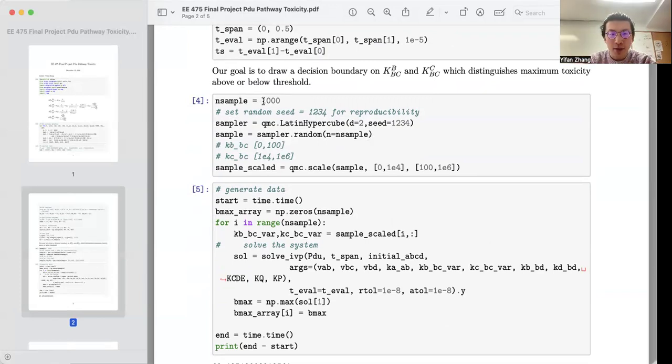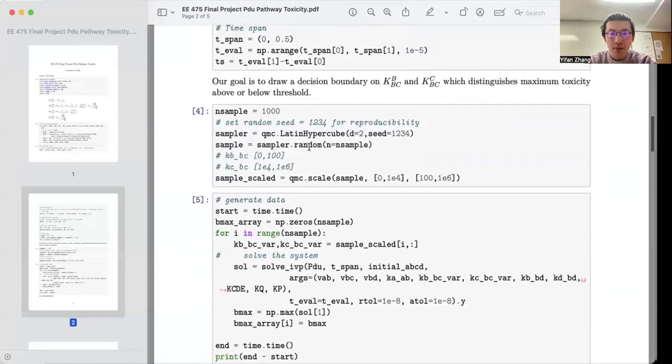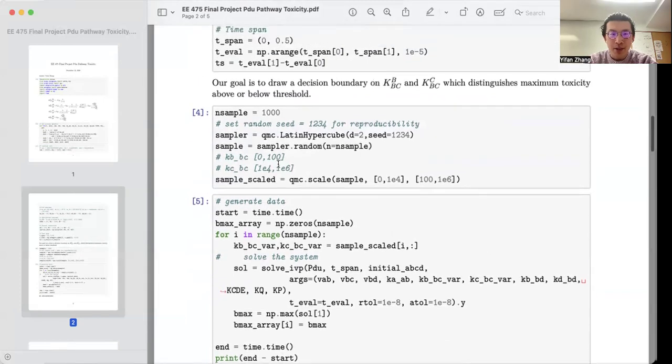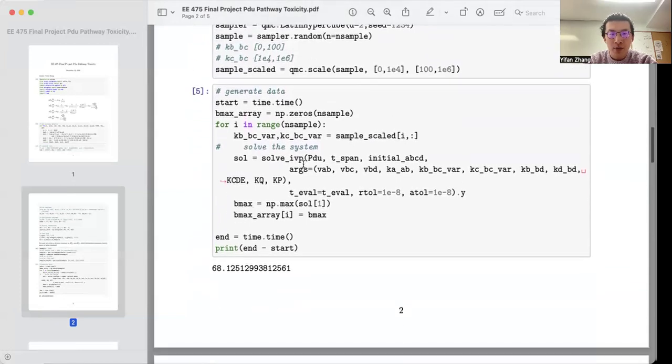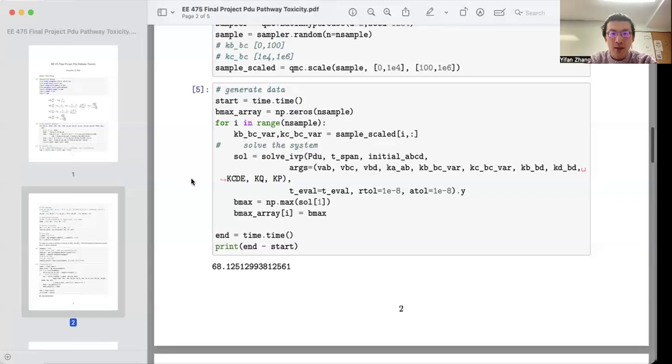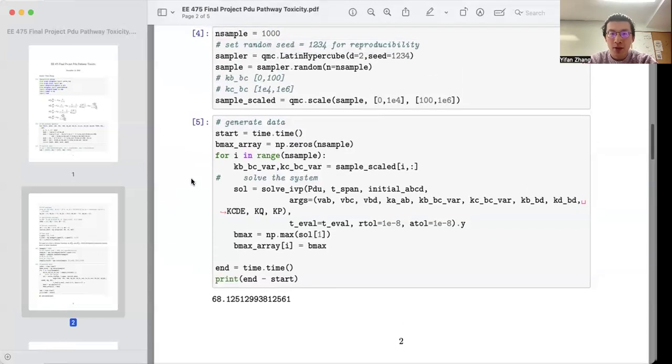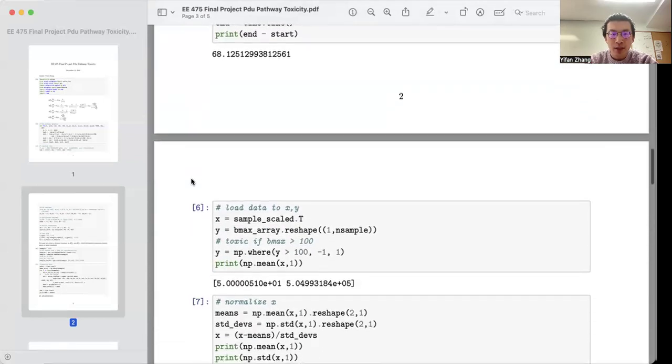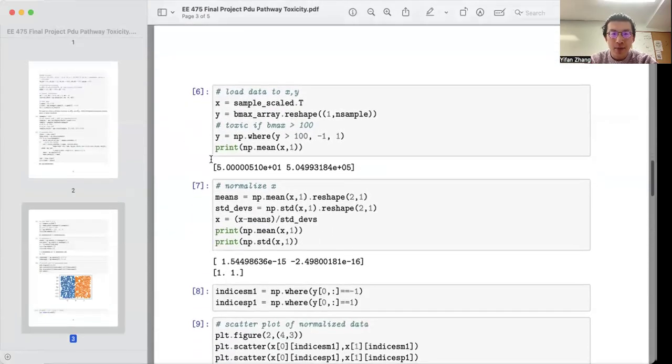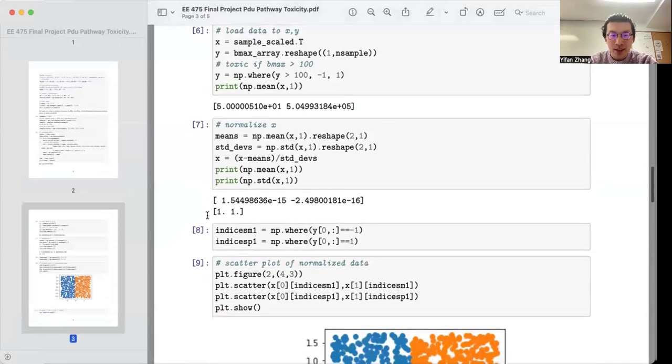So we generate 1,000 sample data based on some literature of the possible feasible Michaelis-Menten constants. And then we run the simulation 1,000 times based on these 1,000 Michaelis-Menten constants. And after running, we collect the data and we normalize the data.